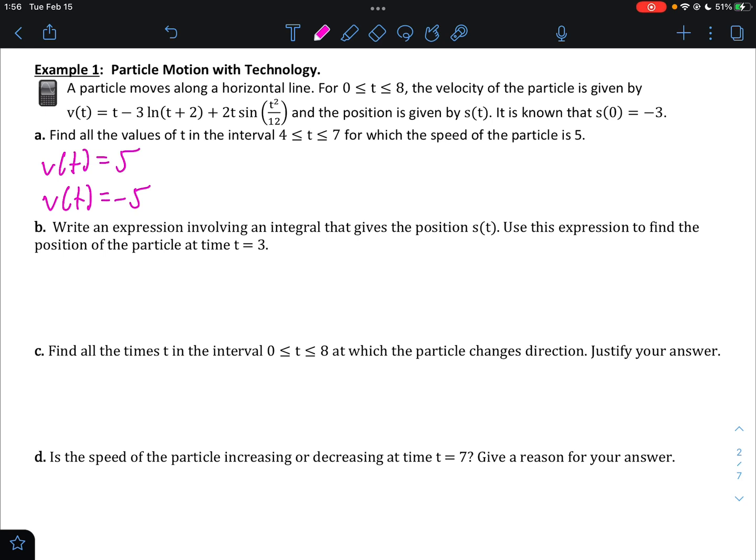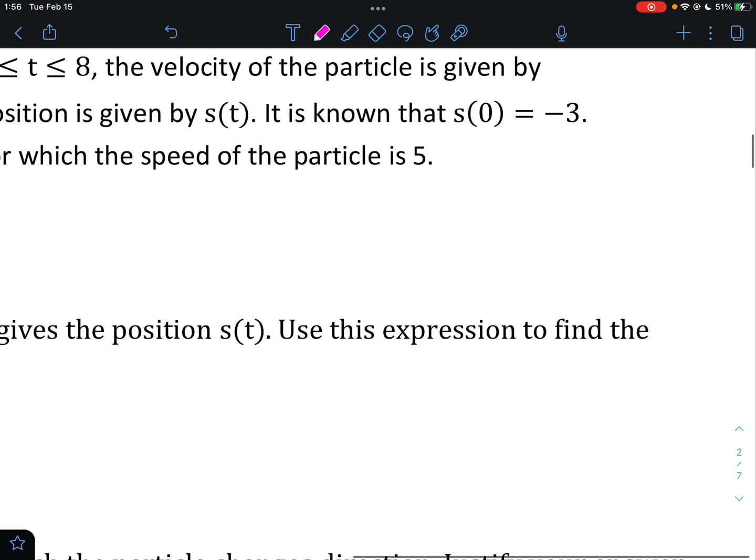So I'm just going to draw a little picture of what this graph would look like. All right, so we have t minus 3 ln t plus 2 plus 2t sine t squared over 12 as our function.